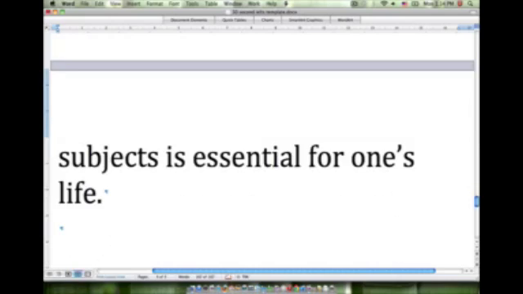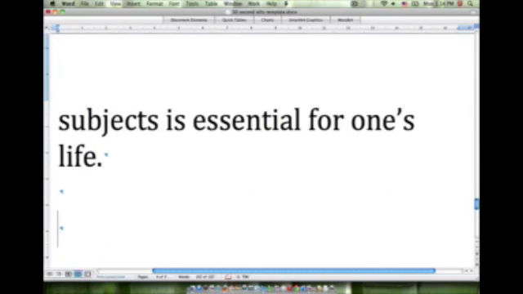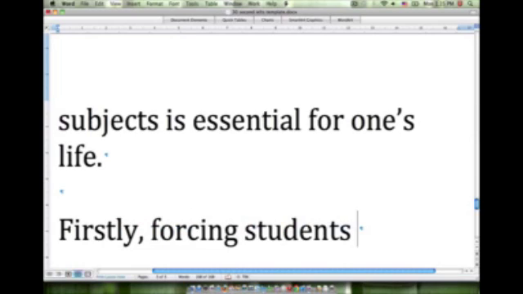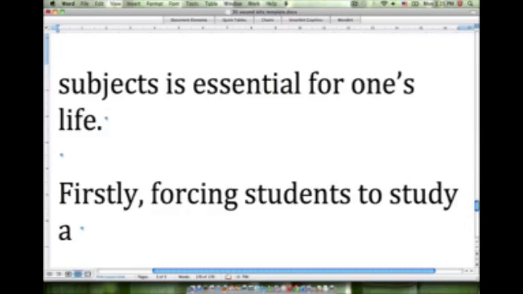Okay, let's go to our first supporting paragraph, which, as you know, will be about trying a variety of courses to help someone discover what subjects and what areas of study they are naturally interested in and good at. Firstly, so let's say something along the lines of forcing students to study a variety of, I used subjects before, let's try courses.